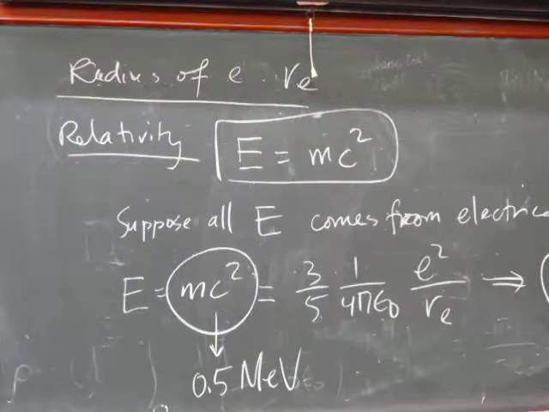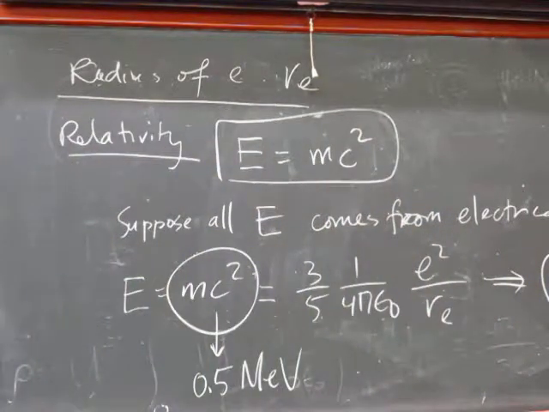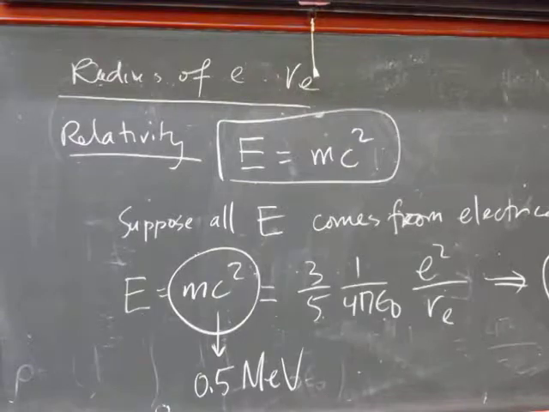It's called the classical radius of the electron. Sometimes it's called the Lorentz radius. Sometimes it's called the Thomson scattering radius. Question? No? Okay. Let's move on.